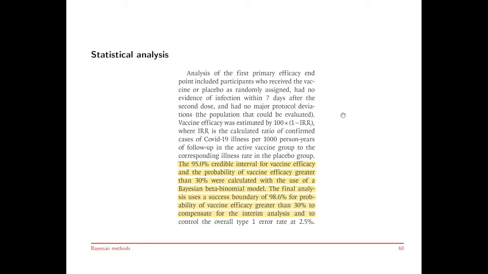Surprisingly, this was a huge study, and still they made use of the Bayesian approach. One of the reasons, you could say, is that the Bayesian approach gives us more intuitive results, conclusions that are better to understand than just reporting p-values.